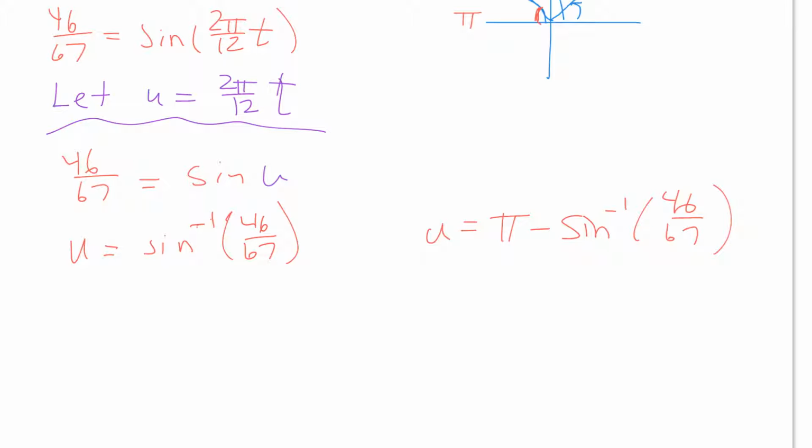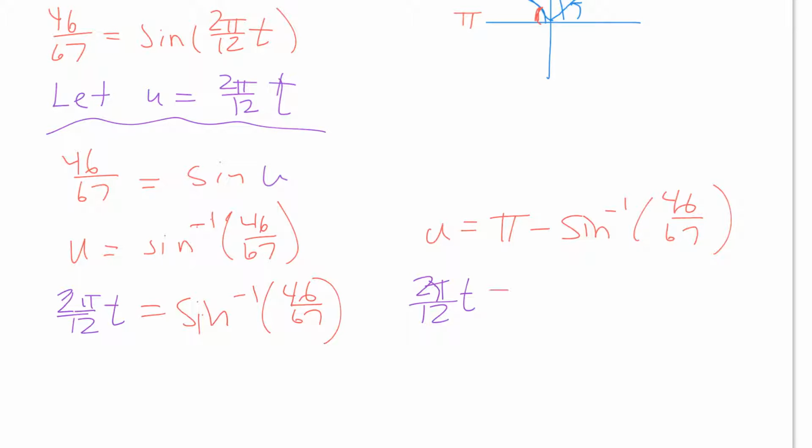Then what we need to do is replace u with what we had originally. So we're going to take u and replace it now with the 2 pi over 12 times t equal to the sine inverse of 46 over 67. And over here as well, we'll take the 2 pi over 12t equal to pi minus the sine inverse of 46 over 67.